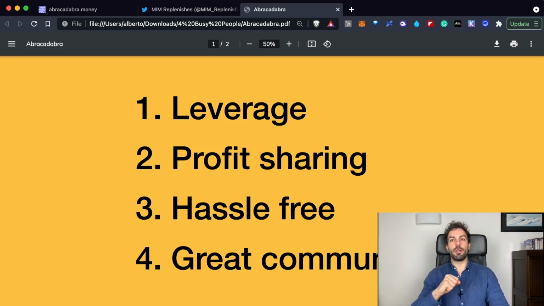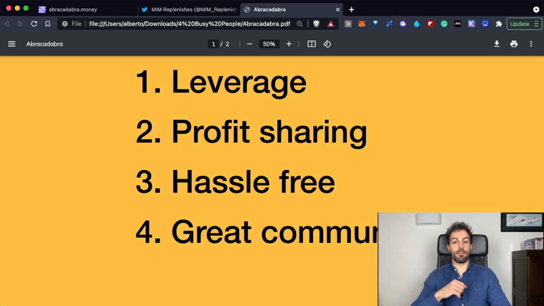It is powerful because it has a profit sharing mechanism that allows the staked Spell tokens to participate in the profit sharing, and this could be quite a high amount. It's completely hassle free because you don't have to reinvest your money. It's just a matter of depositing the interest-bearing asset that you already have, and the system will leverage your position for you.